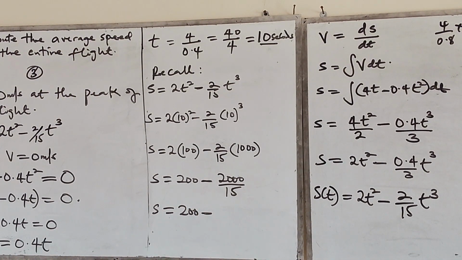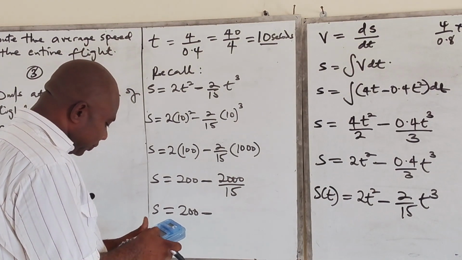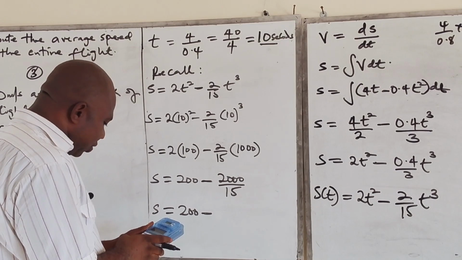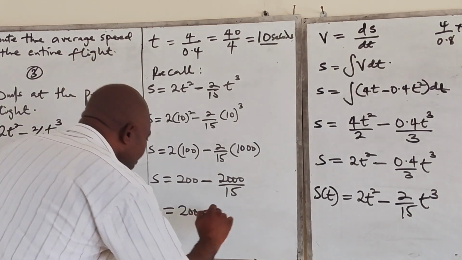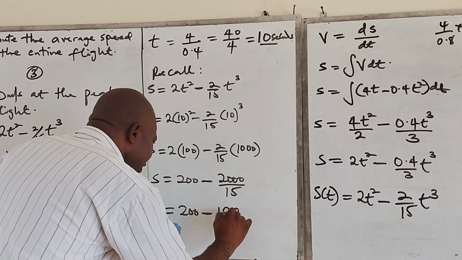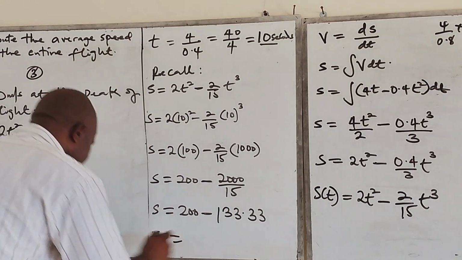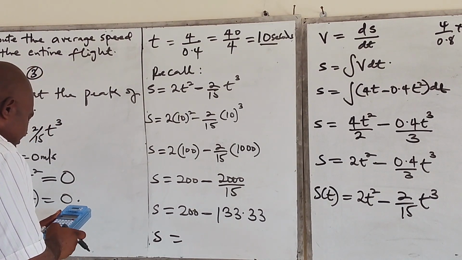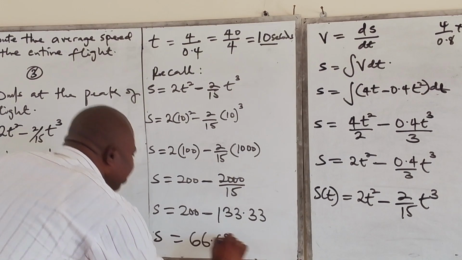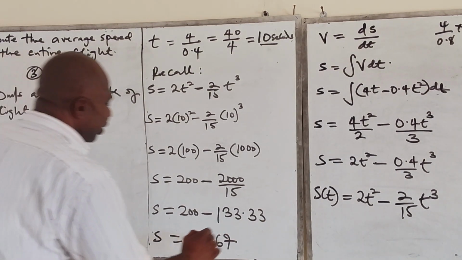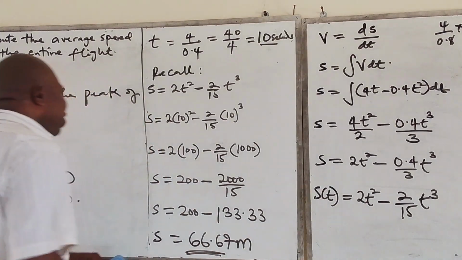Please permit me to use my calculator at this time. 2000 divided by 15 will give us 133.33. So 200 minus 133.33 will give us 66.67. And of course, we know the unit for measuring height is meters. So that is the height.